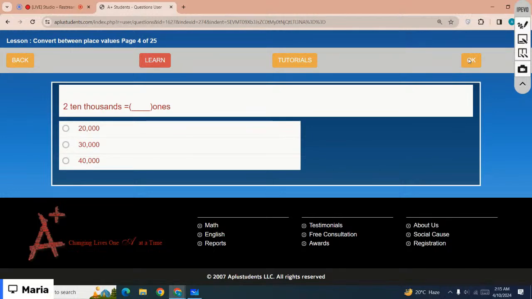2 10 thousand equal how many ones? That is option number 1, right? The correct option is 20,000.